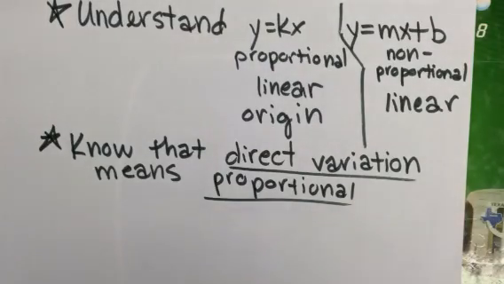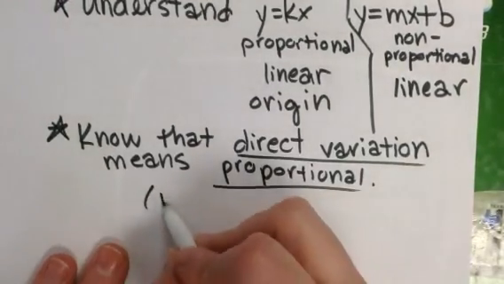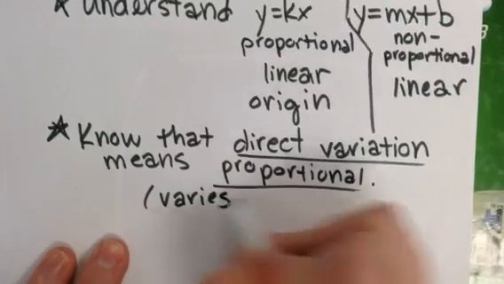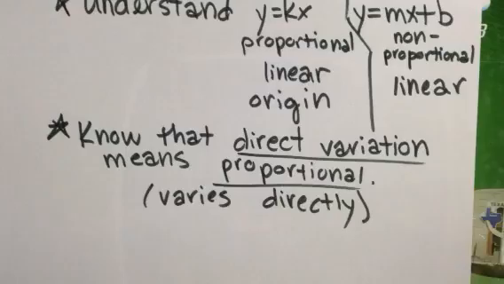Sometimes it will ask which graph shows direct variation, or it may say which graph varies directly. Same thing. It's just going to be proportional. Y equals kx. It's going through the origin. It's going to be a straight line.